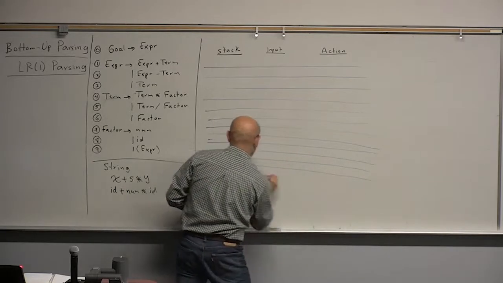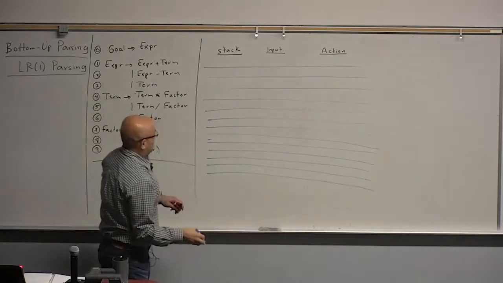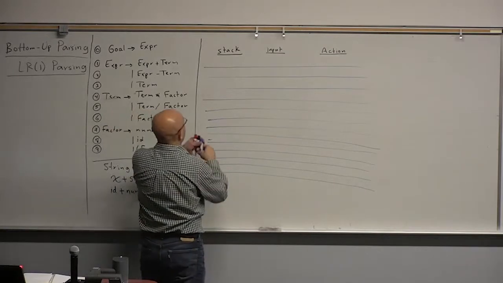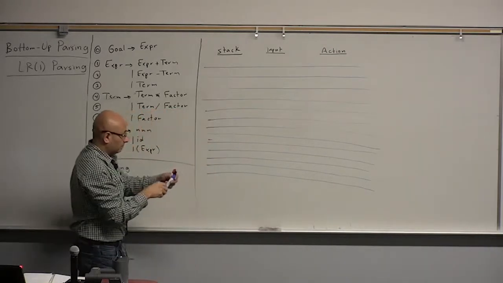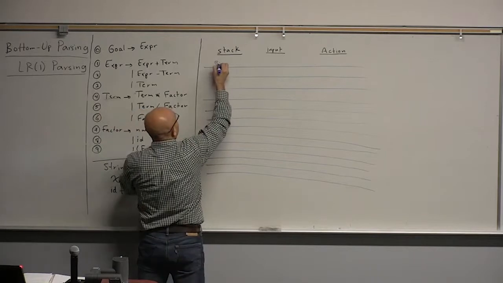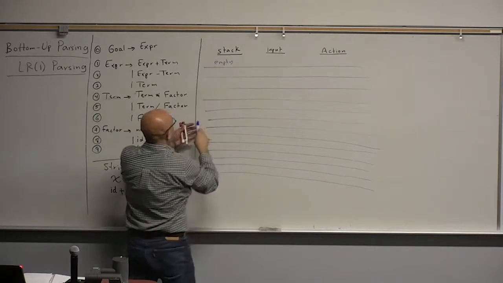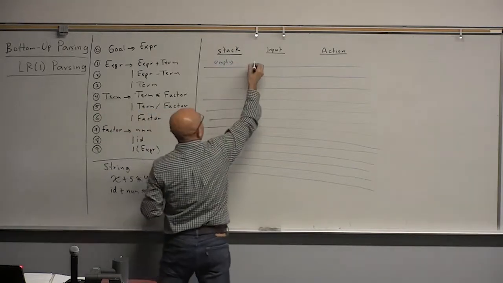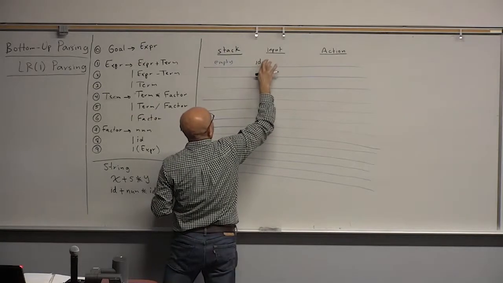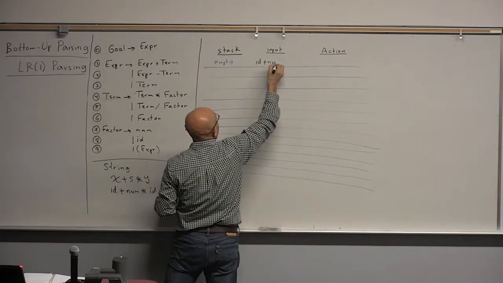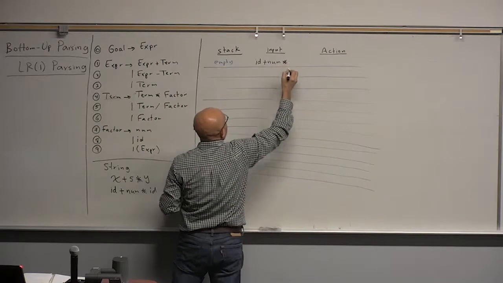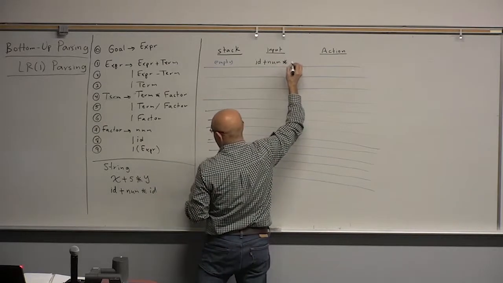All right, so now our stack will initially be empty, and our input is going to be an ID plus number times ID.